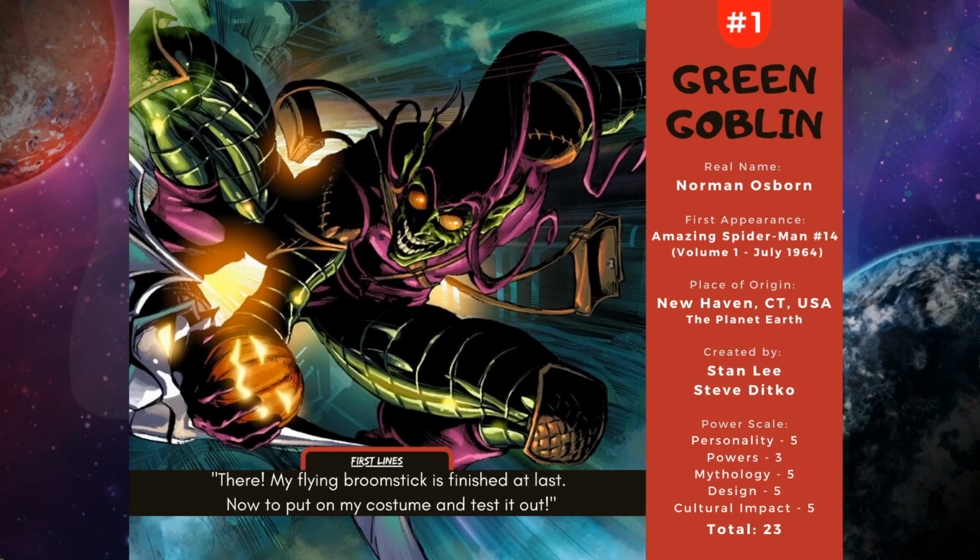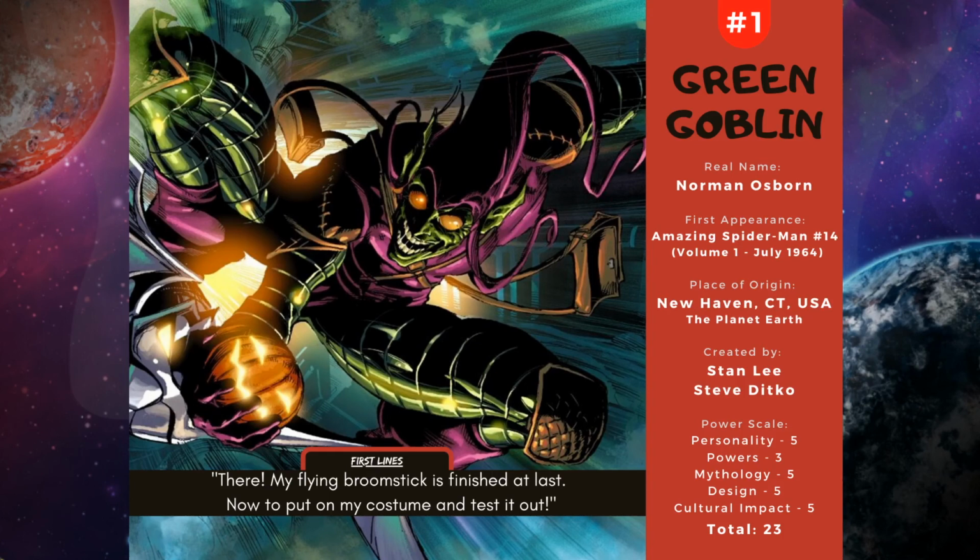But his weapons are mostly technology-based, either the pumpkin bombs or the razor bats or the electric shocks that he can shoot out of his gloved hands. So that gets him a 3 in that he is adept at what he has, but not superhuman, although the effects of the Goblin formula definitely amplify that.